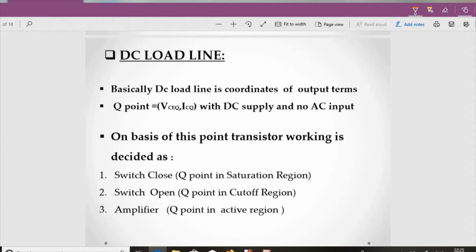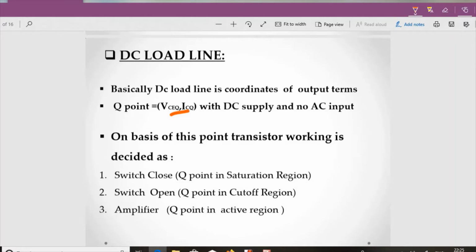Basically, the DC load line is the coordinates of the output terms that we have already discussed. In an amplifier circuit, or you can take a common emitter amplifier circuit, the Q point would have output coordinates, that is VCEQ and ICQ. The graph is nothing but IC versus VCE. Why are we writing this Q? This Q stands for the quiescent point, and when we write VCEQ and ICQ, we should understand that they are the coordinates for the DC load line.